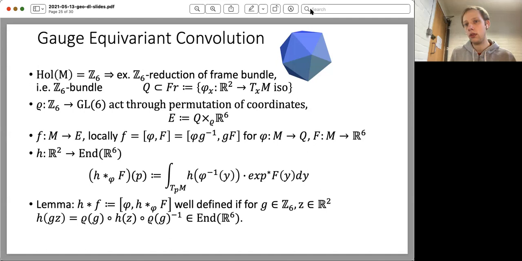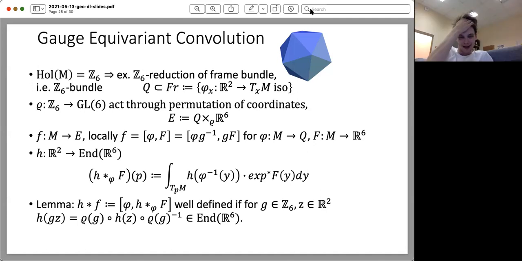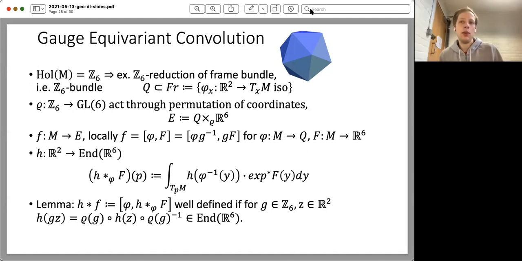It's something people really struggle with, doing any machine learning with data that comes from spherical stuff.